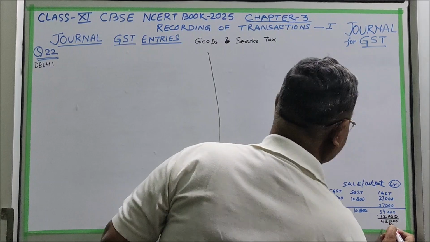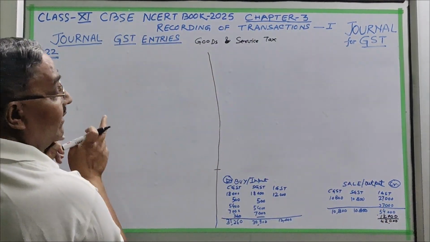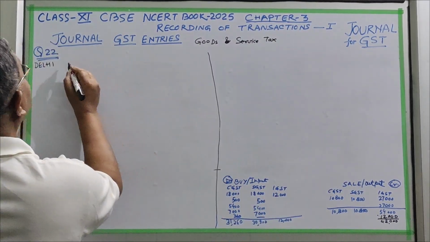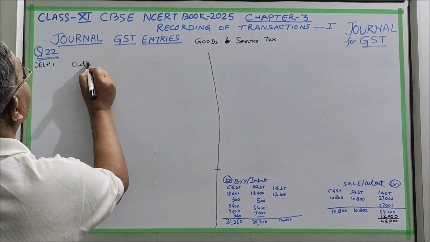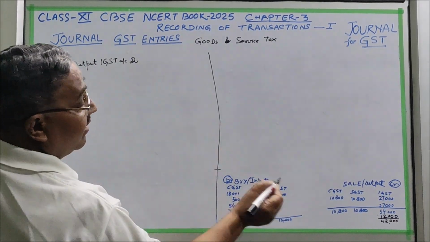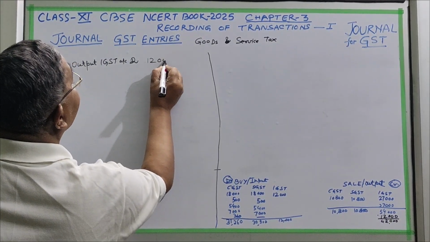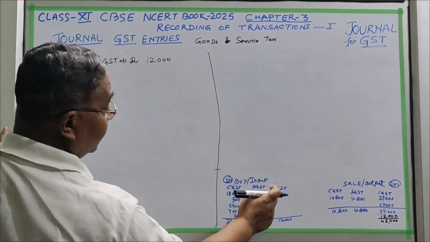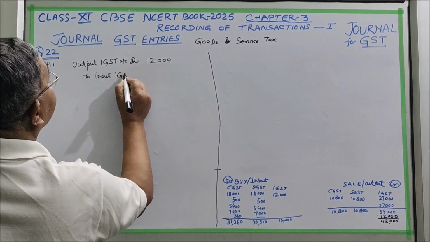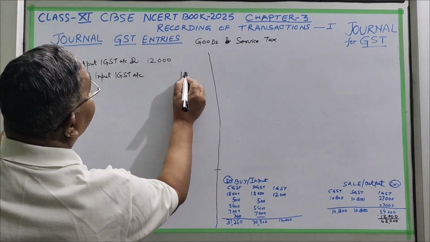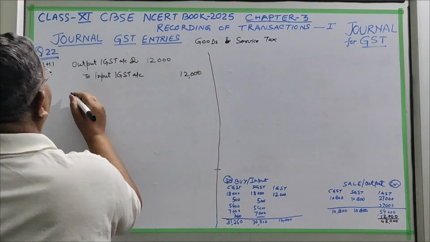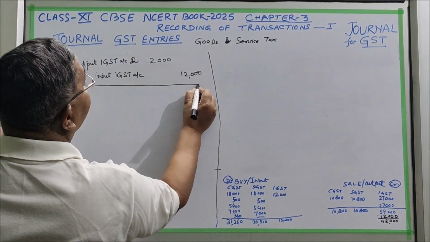So our entry will be output IGST account debit 12,000, to input IGST account. This 12,000 we will use here. Rest of the money we are using.